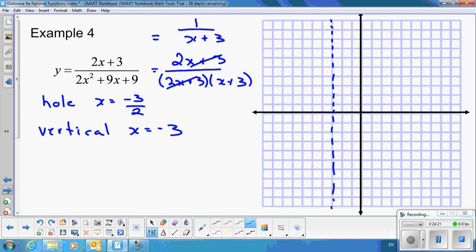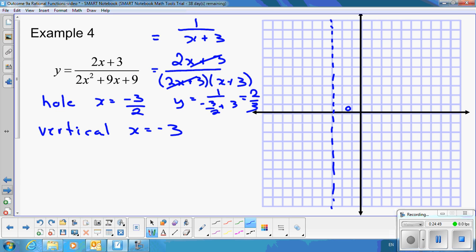Substituting in negative 3 over 2, I end up with y equals 1 over negative 3 over 2 plus 3, which will simplify into 2/3. So at negative 3 over 2, I have a y value of positive 2/3, so I'm going to have a hole in my graph. I'm going to make that a little bit bigger just so it actually shows up as a hole. There we go.